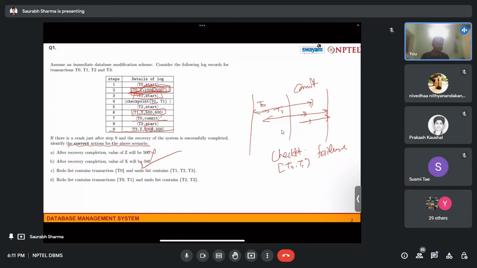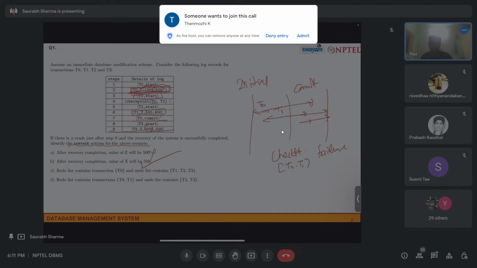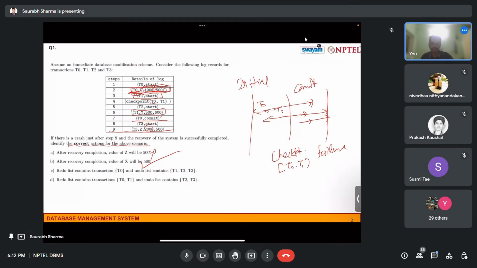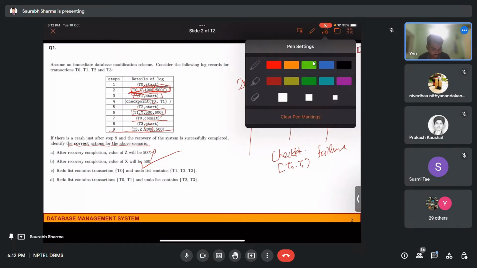Okay. So coming to the question again, what I was telling, we can create some kind of timeline, a diagram like this. We can start the transaction from the initial stage. Let's say it is the initial stage. Okay, let's start over first.